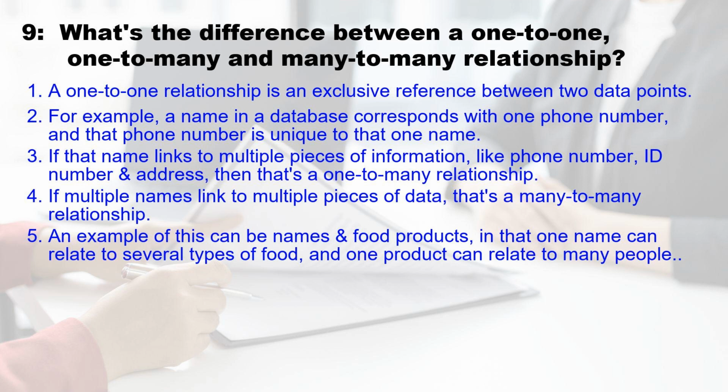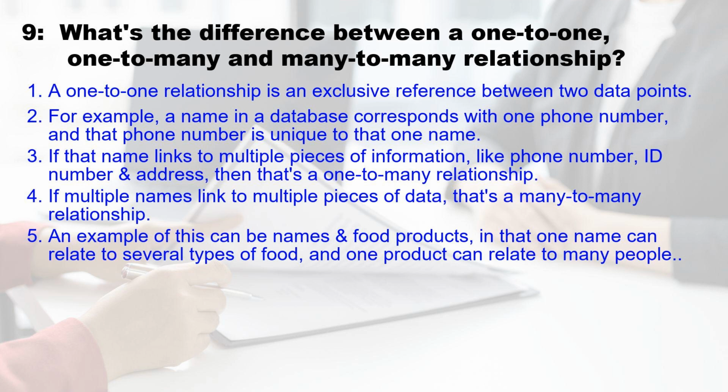For example, a name in a database corresponds with one phone number, and that phone number is unique to that one name. If that name links to multiple pieces of information, like phone number, ID number, and address, then that's a one-to-many relationship. If multiple names link to multiple pieces of data, that's a many-to-many relationship.